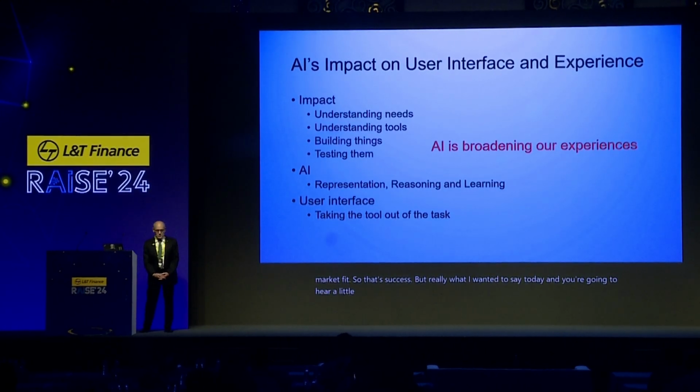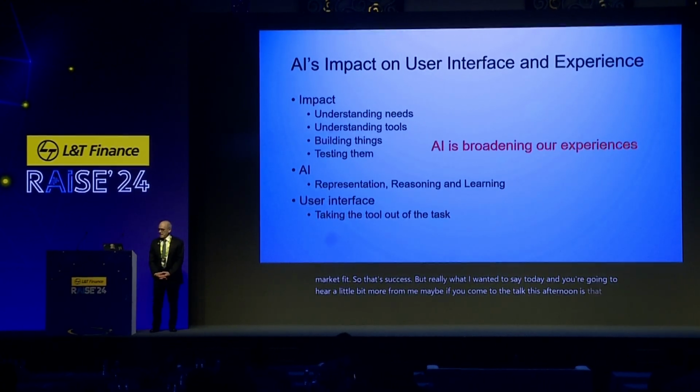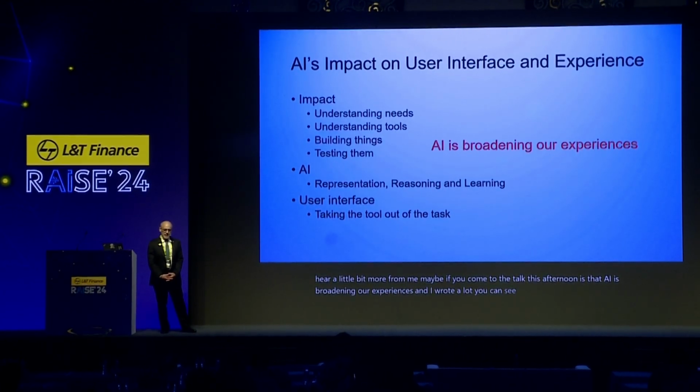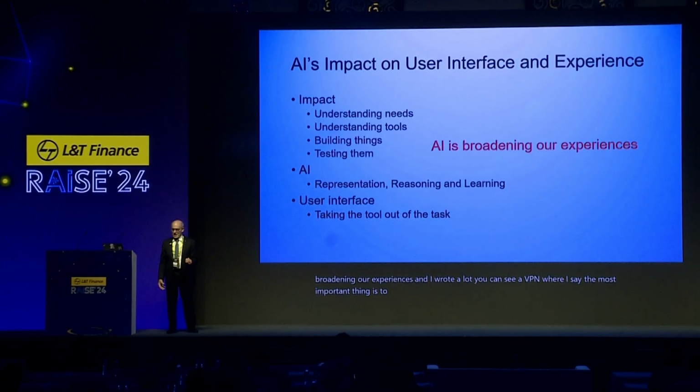But really what I wanted to say today, and you're going to hear a little bit more from me maybe if you come to the talk this afternoon, is that AI is broadening our experiences. I wrote a blog that you can see at ACM, where I say the most important thing is not to get an answer from ChatGPT, but to ask it questions that make you think about all different ideas.